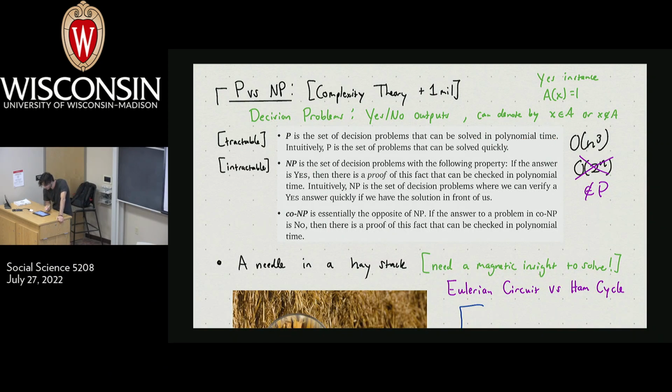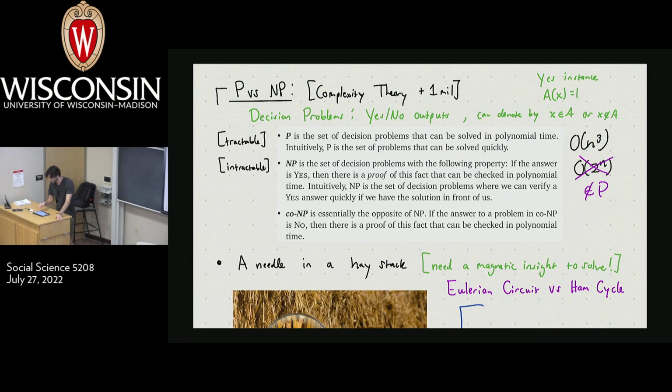On the other hand, NP is the set of decision problems with a special property where it's easy to verify a solution. So if you gave me the answer, you told me the answer was yes, can we quickly check that the answer was truly yes? Is there a short proof that can tell us that fact?